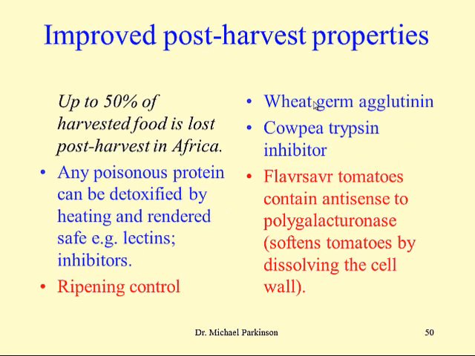Improved post-harvest properties is a potentially important method of plant genetic transformation. Up to 50% of harvested food is lost post-harvest in Africa. And as I've mentioned, any poisonous protein can be detoxified by heating and rendered safe in a food.